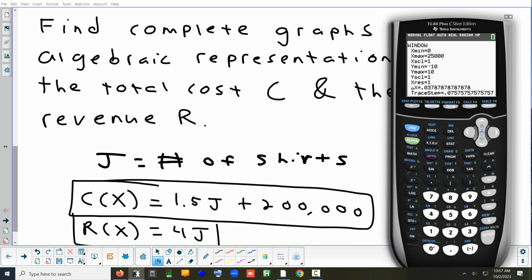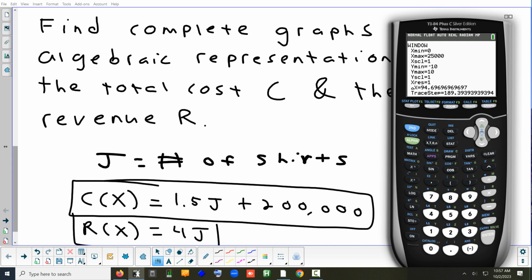We're going to be looking for something, and if that's not high enough, we might have to go a little higher. Maybe we work for Amazon or something. Maybe they could sell 25 billion shirts. Who knows?